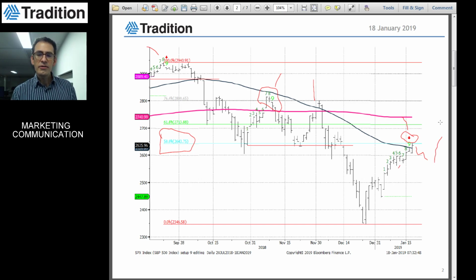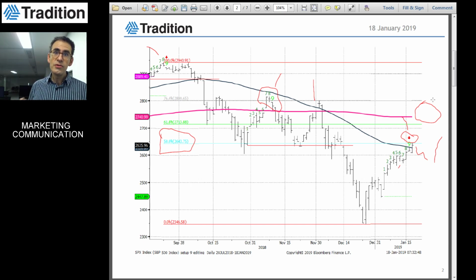As a reminder, my ideal target zone for the technical bounce, which started a few weeks ago, and this is my base case scenario, is between 2700 and 2800. So we are not far from that. The risk is obviously to reach these targets sooner than expected without any significant pullback.